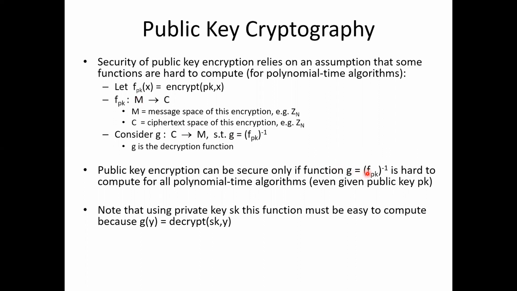But in order for decryption to be hard against this eavesdropper, remember this picture? Alice here, Bob here, and they send a message and here is the big ear that listens. Well, that ear is going to get the output of this function on plaintext M. So the inverse function that takes the ciphertext and computes the inverse of the function, right, must be hard to compute, given only the public key.